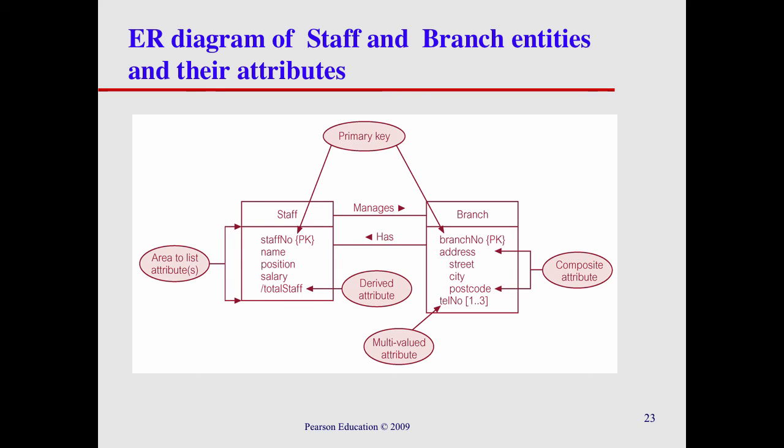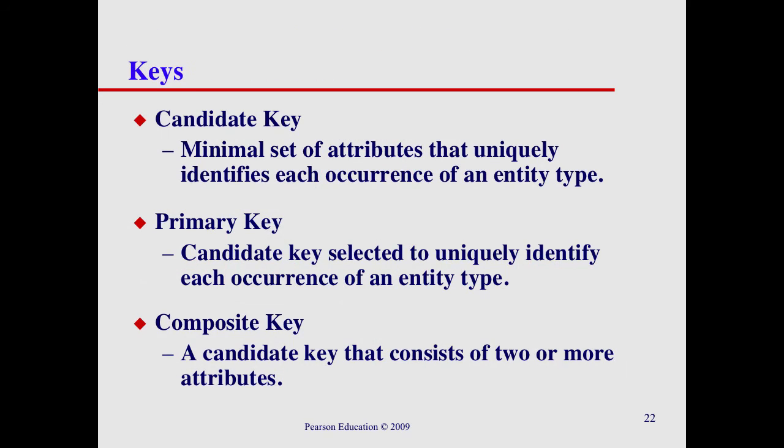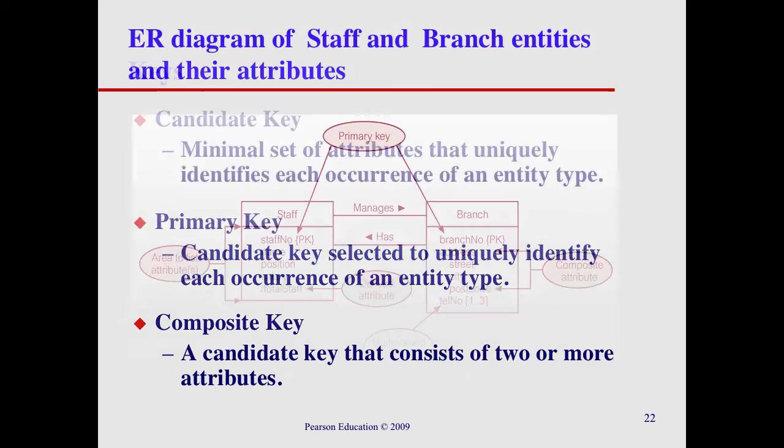They're not going to contain the names of the attributes. But a full-on UML ER diagram would include the attributes as well. Okay, and we've already talked about candidate key, primary key. A composite key is simply a key that consists of 2 or more attributes.